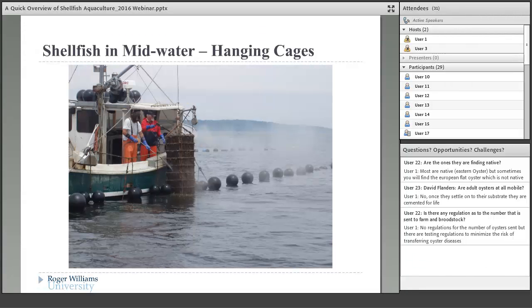And so the oysters are held on a long line, which is basically like a clothesline that's suspended in a long array with buoys evenly spaced along it. And under each one of those black buoys is a stack of oyster cages, which hang in the midwater off the bottom.